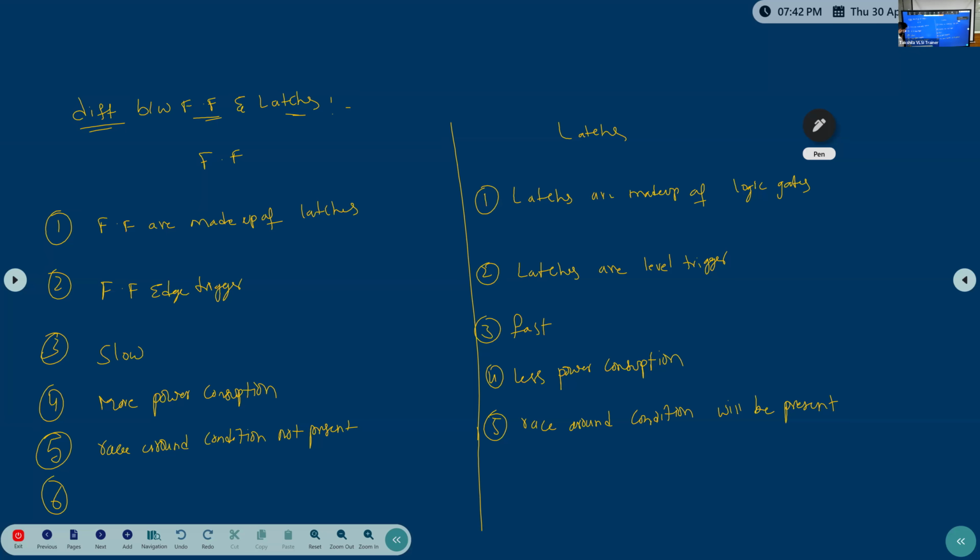Note down: flip-flop stores single bit. Latch also stores single bit. Getting? Any questions, any doubts here?